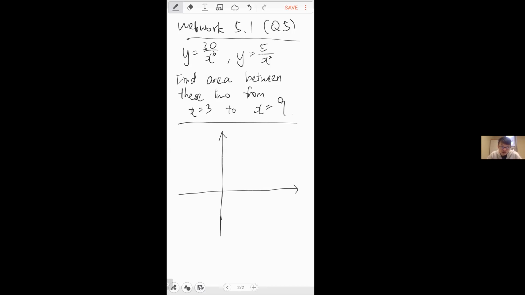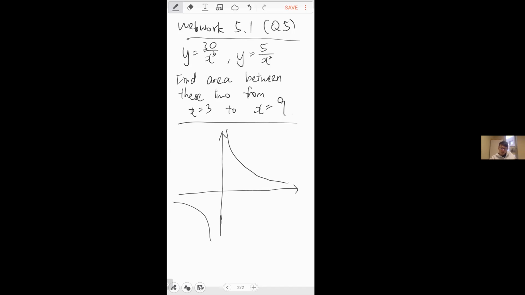Do we know what 1 over x looks like? So if I ask you to draw the graph of 1 over x, what does it look like? Yeah, so 1 over x looks like this, right?